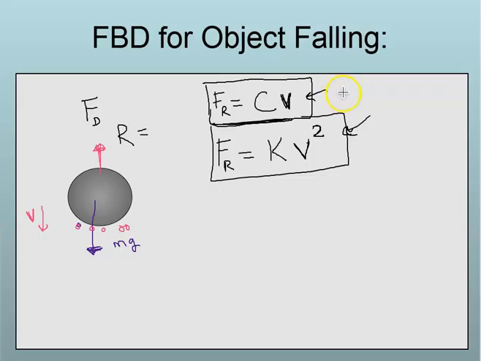If it's proportional to velocity, we're going to do this together in class. That's a differential equation. This you cannot solve using a differential equation, so this is actually easier because you can't do the tricky calculus.